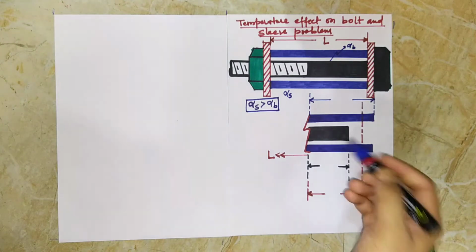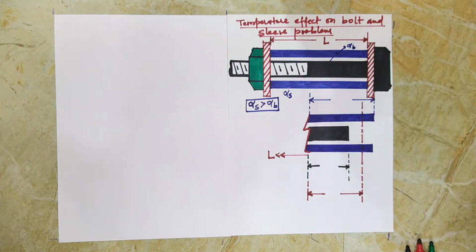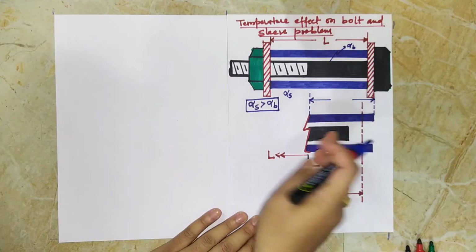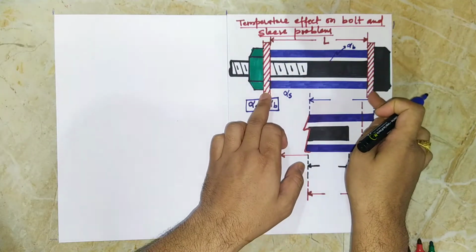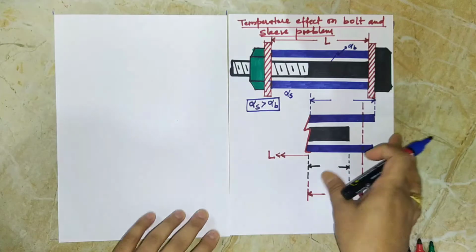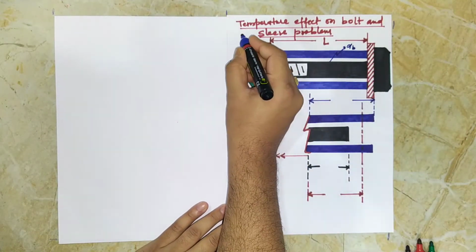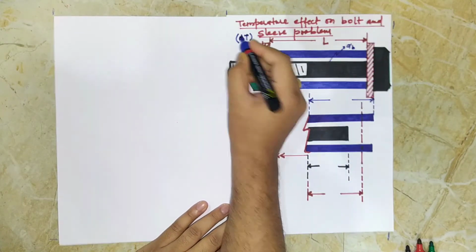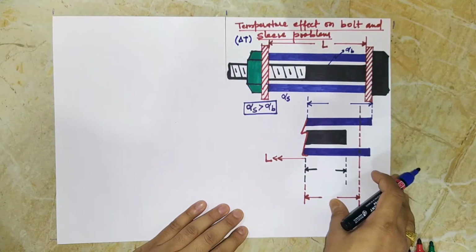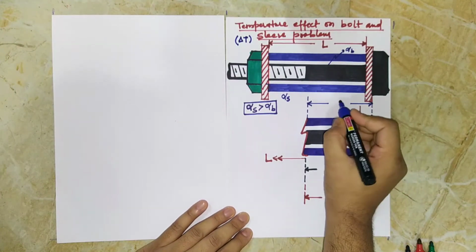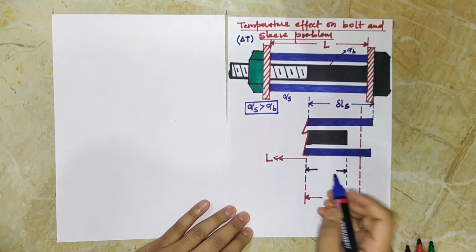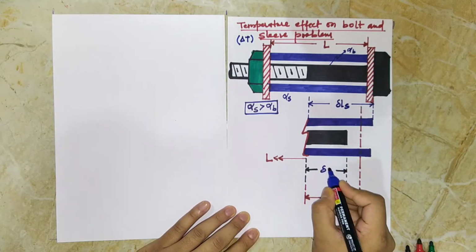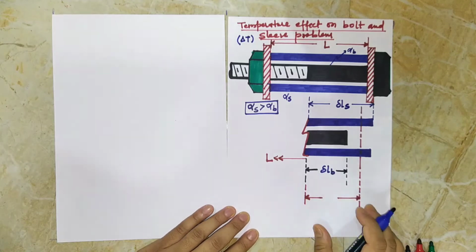Okay, so now let us analyze the thermal effects. We are seeing here that when the bolt and sleeve assembly, which is held by these two stoppers and tightened by this nut, is subjected to a temperature change of del T, when they are left free, the sleeve will expand by del Ls, and the bolt will expand by del LB.